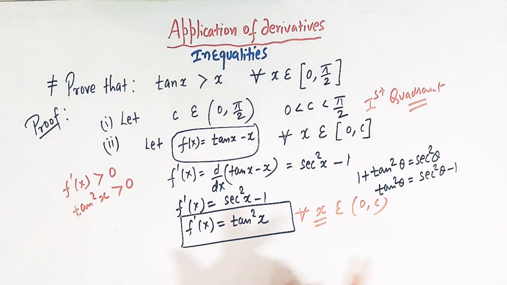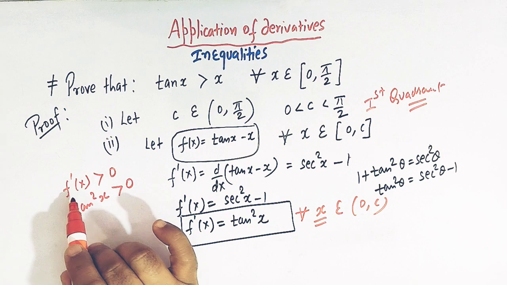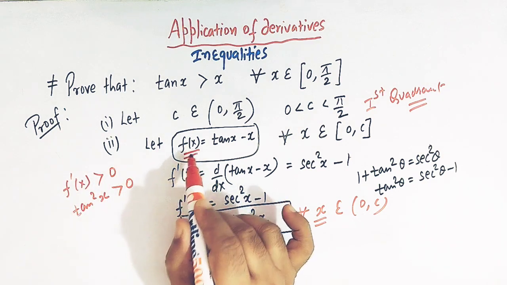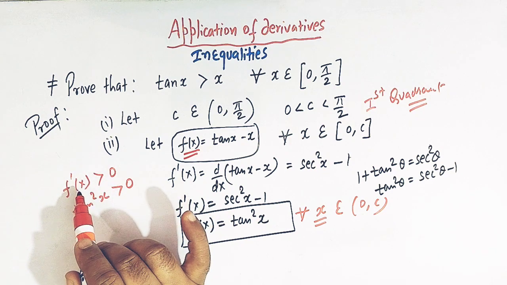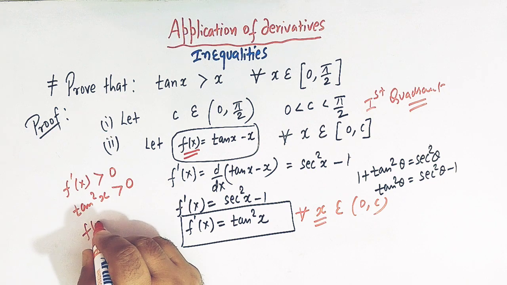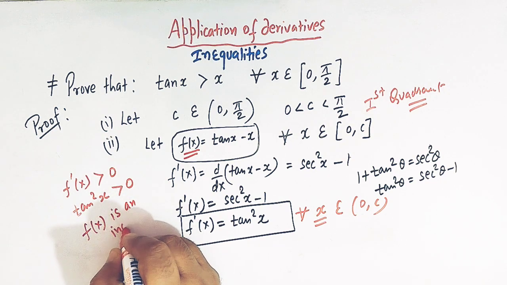So we conclude that this function has a positive derivative, which indicates that f of x is an increasing function.